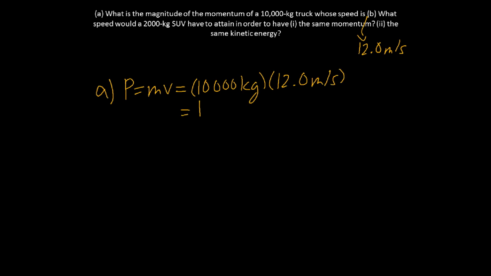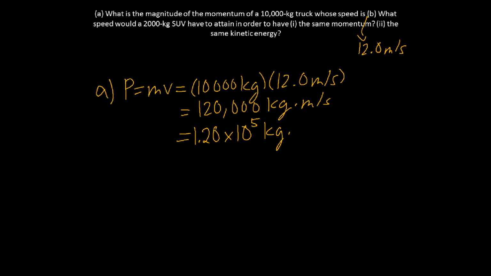Computing for that will give us 120,000 kilograms times meters per second. Simplifying that to 3 significant units, because in here we have 3 significant units, it will give us 1.20 times 10 raised to what number? 1, 2, 3, 4, 5. So the exponent will be 5 kg times meters per second.